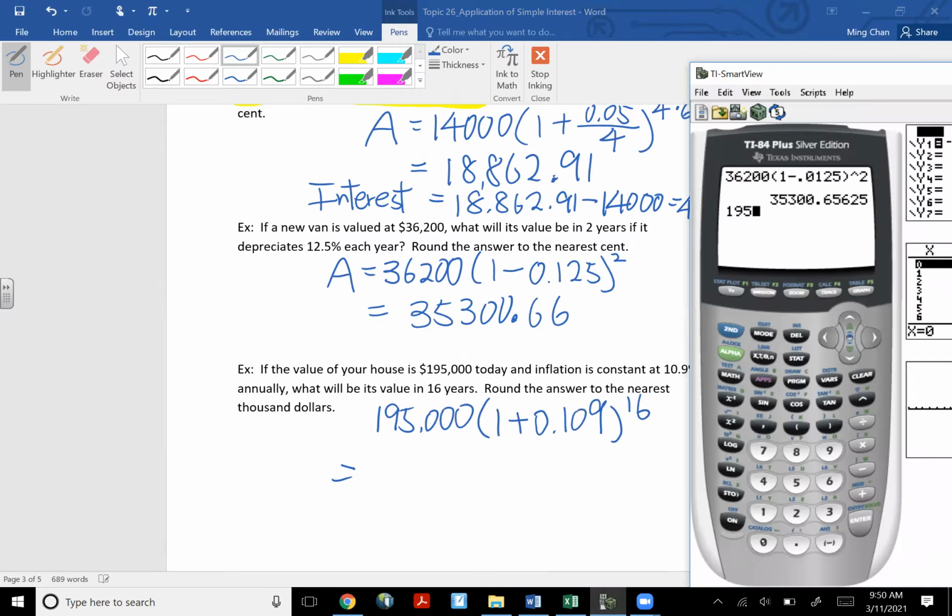195,000 times 1 plus 0.109 raised to the 16th power.